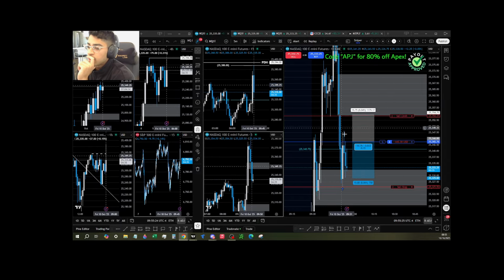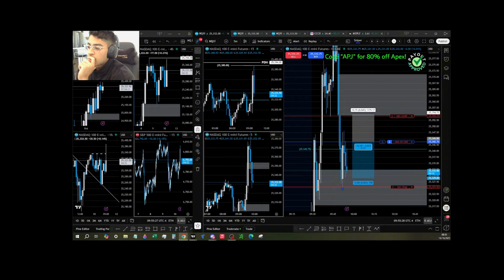Forming some lower highs here on the 30. Okay, coming back up a little bit. Be aware of that volume imbalance. We did reject it on the 30-second the first time.